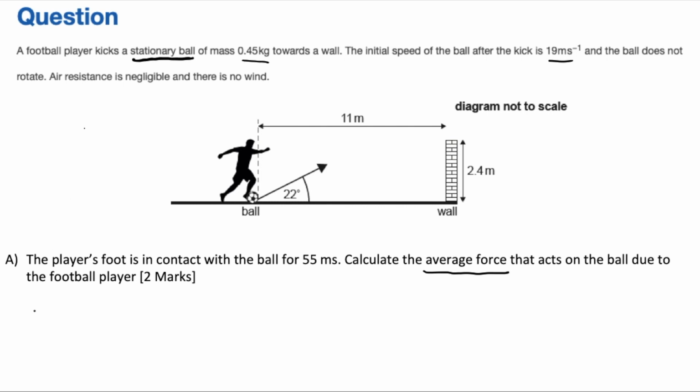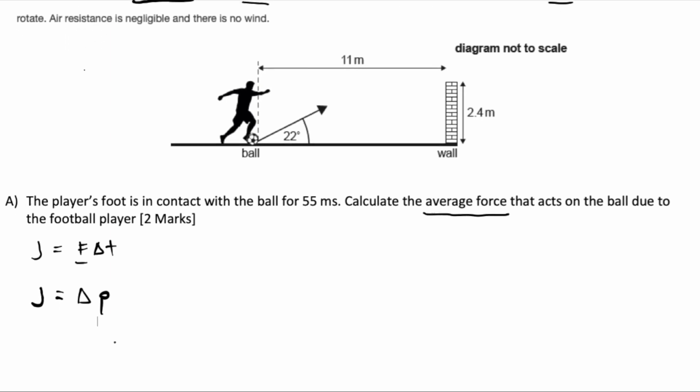So let's recall, what is the formula for impulse? Impulse, denoted by J, is equal to the force, the net force, multiplied by a change in time. So we want to rearrange to solve for force, but of course we don't have impulse, but we can calculate impulse, because what is impulse? Impulse is just a change in momentum, denoted by the variable p.